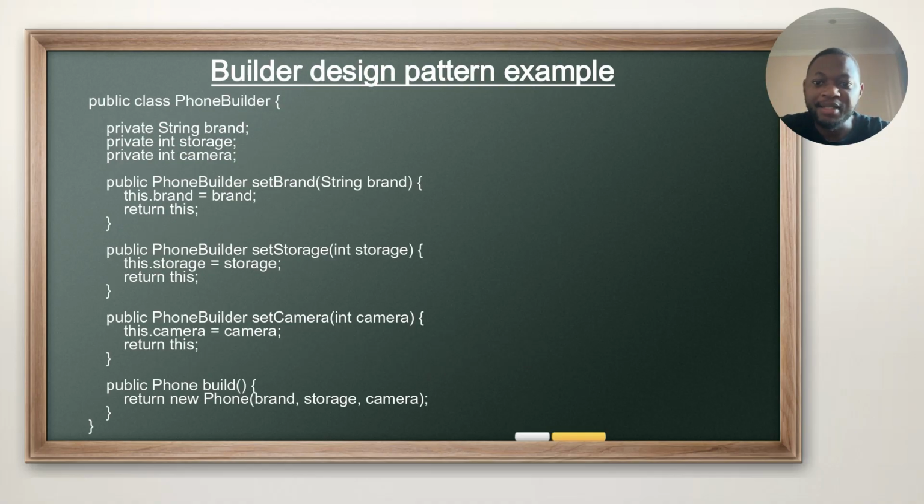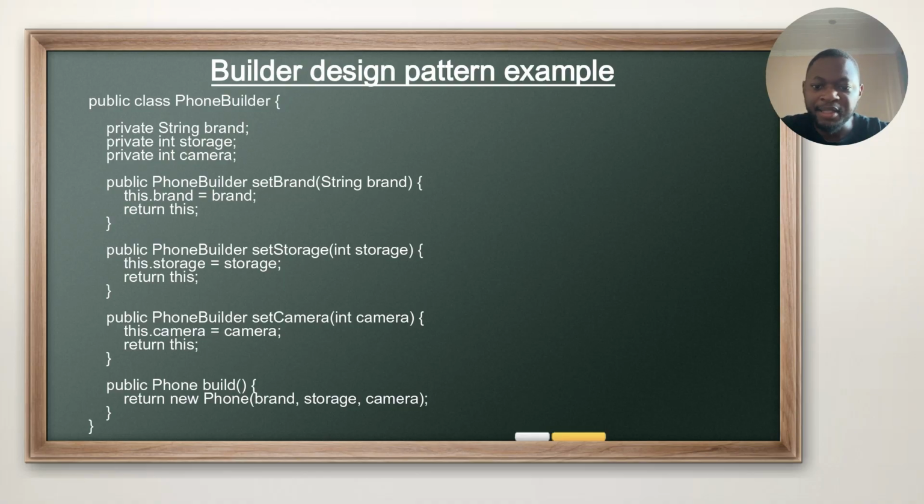Perfect. Now this is our phone builder class. This class has functionalities that utilize the builder design pattern to actually build up our phone object. So after we've chained the sets, like setting the brand, setting the storage, and setting the camera, right at the end we will be required to use the build method right at the bottom.